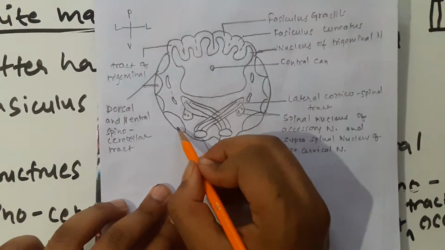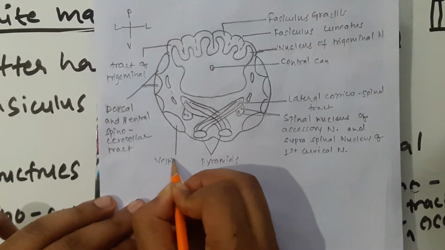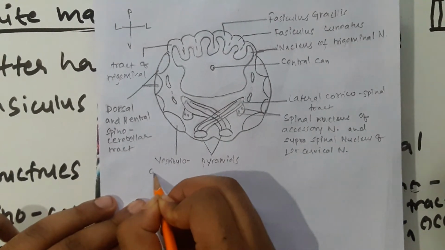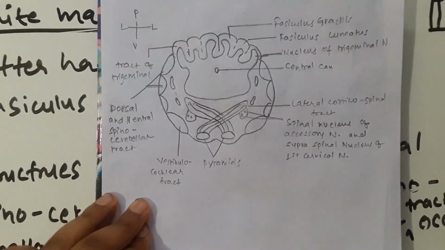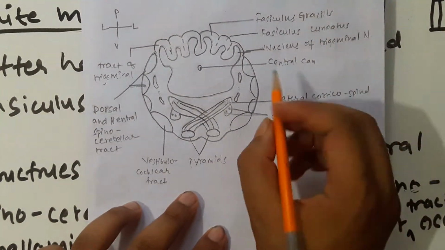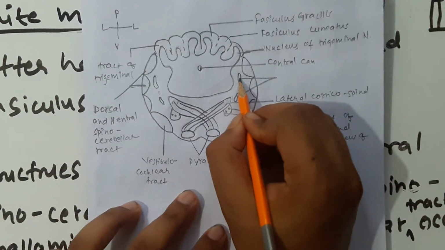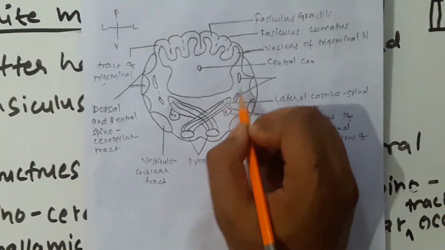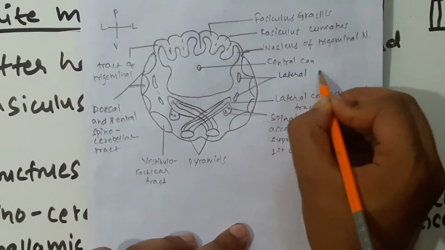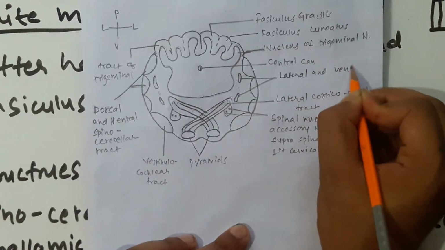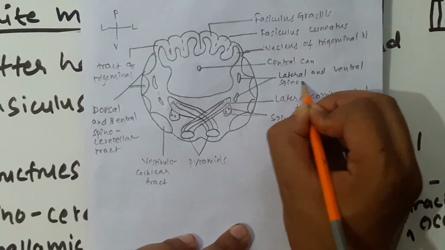And this is the vestibulocochlear tract, cochlear tract. And this is the lateral and ventral spinothalamic tract.